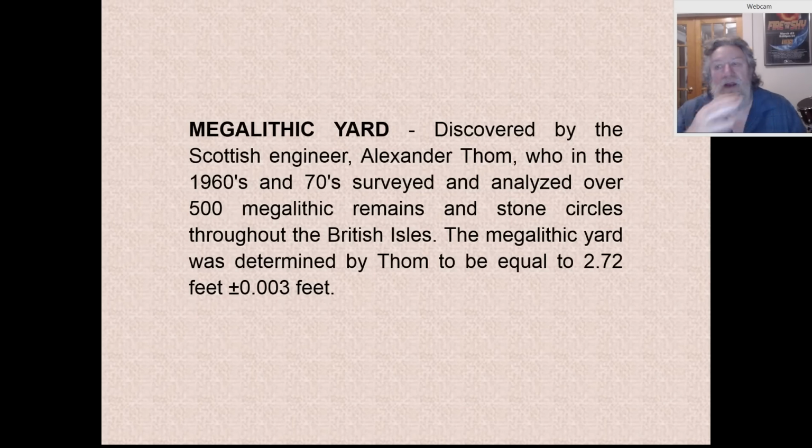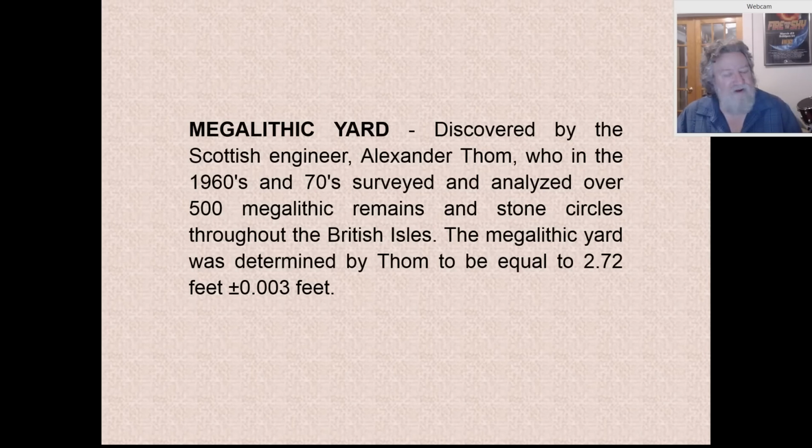So now we have the megalithic yard, roughly contemporaneous with the Old Kingdom of Egypt, being used to construct these stone circles and so on in the British Isles. And it was through an exhaustive statistical analysis that Alexander Thom came up with the ratio of 2.72 feet.